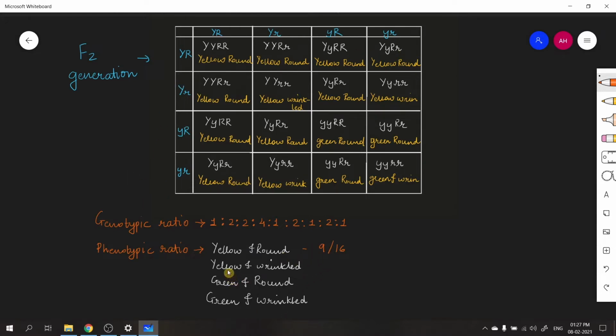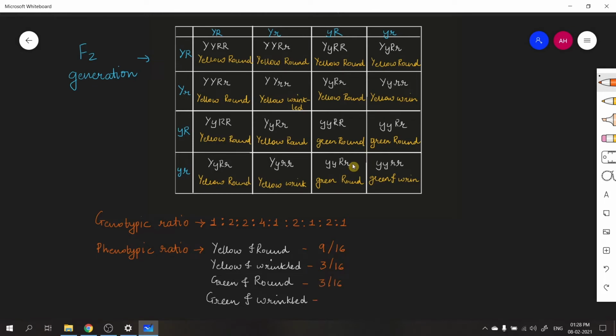If you count yellow and wrinkled, you will find them 3 times. So 1, 2 and 3. 3 out of 16 are yellow and wrinkled. If you count green and round, so 1, 2 and 3. 3 out of 16.